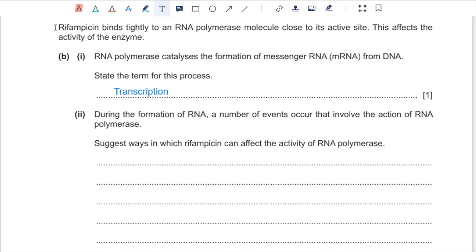And since this antibiotic binds to a site other than the active site, maybe it's acting as a non-competitive enzyme inhibitor. So it does not allow the enzyme-substrate complex formation between RNA polymerase and its nucleotides, which means it does not allow the formation of phosphodiester bonds between nucleotides. Because it does not allow binding between the substrate and the enzyme, it may have impacted the shape of the active site.